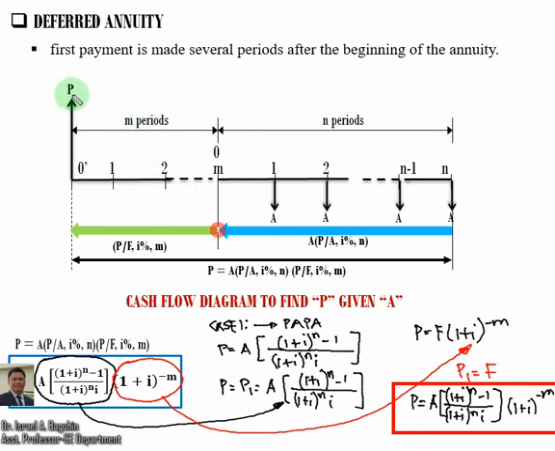To get P, we use P = F(1 + i)^-m, where our calculated P1 is our F. We then arrive at the formula for the value of P: the annuity times (1 + i)^n - 1 all over (1 + i)^n times i, times the quantity (1 + i)^-m.